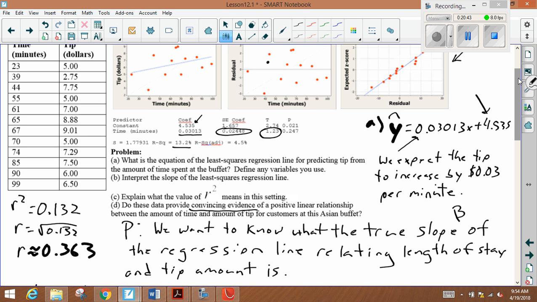In this case, it's nice to see that it matches that computer output for T. Okay.